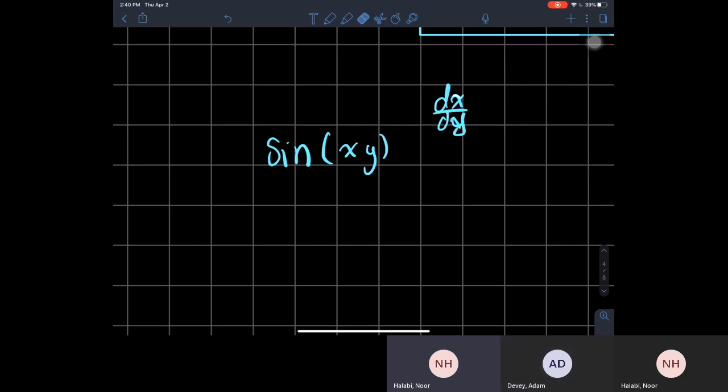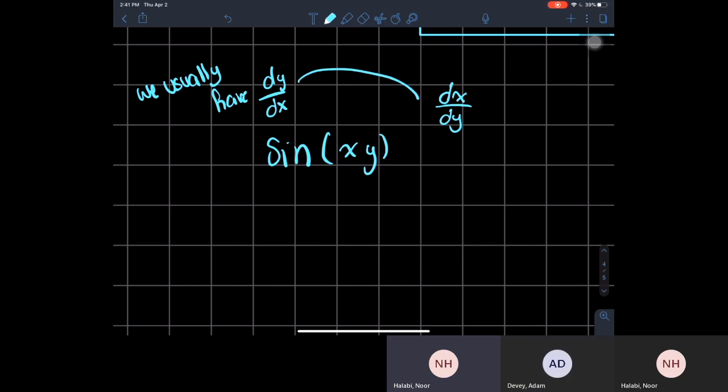Okay, good. Bear with me because this is a complicated one. It's not complicated. What happened is that they flipped them around, because we usually have dy over dx, but this time we have dx over dy.